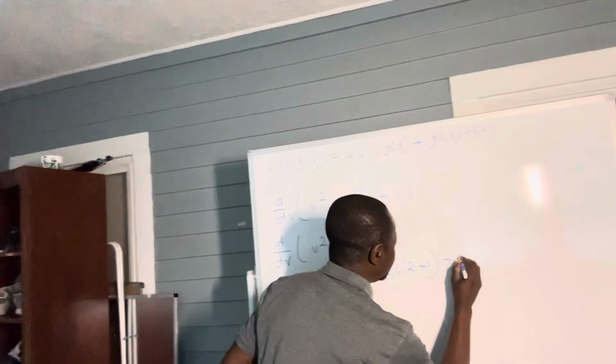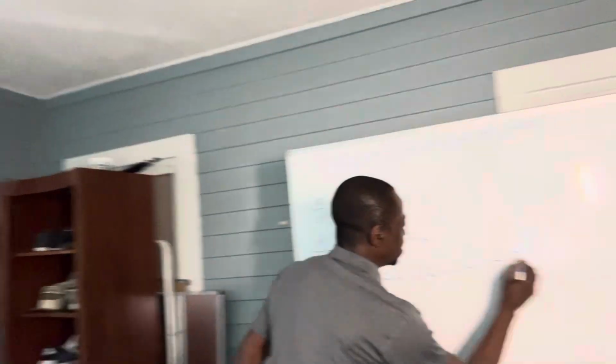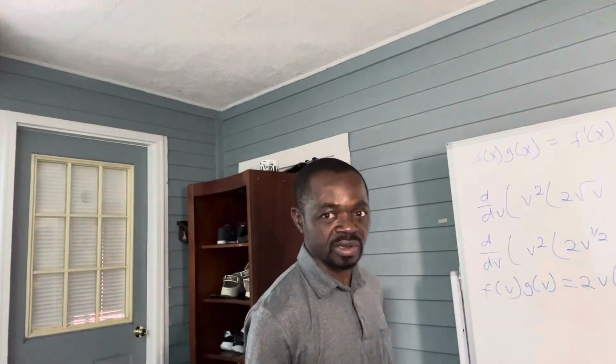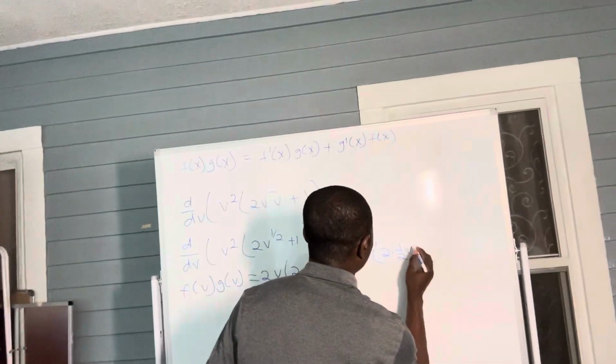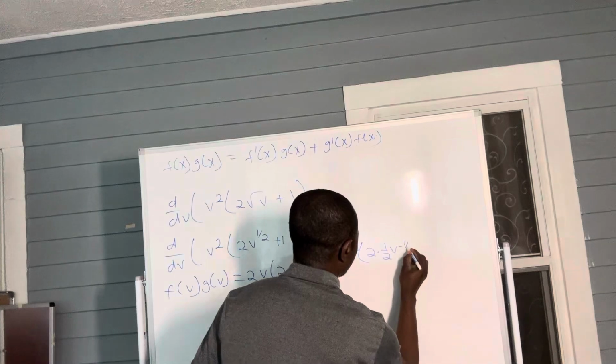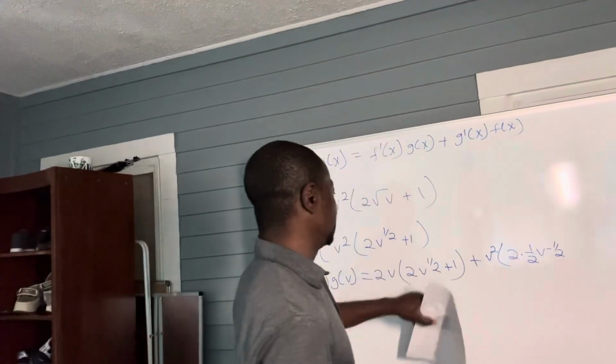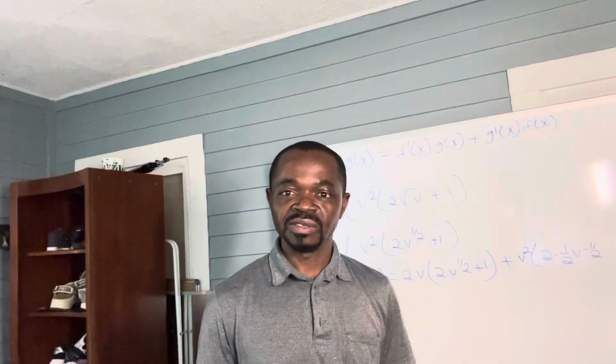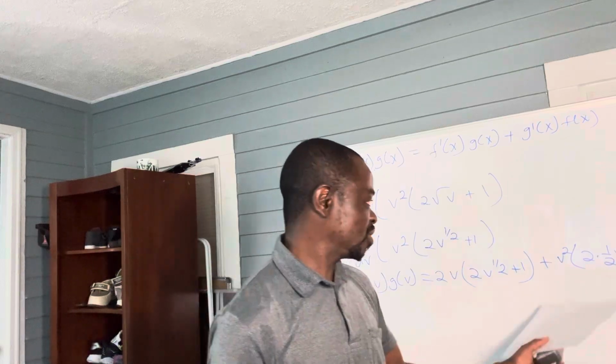We hold the v squared as constant. So multiply 2 by half, 2 times half, then v to the power; you reduce the power by 1. So half minus 1 will give us minus half. So this is power minus half. And then 1 is a constant term. Any constant term, if you differentiate it, gives you 0. So there's no point of writing it.